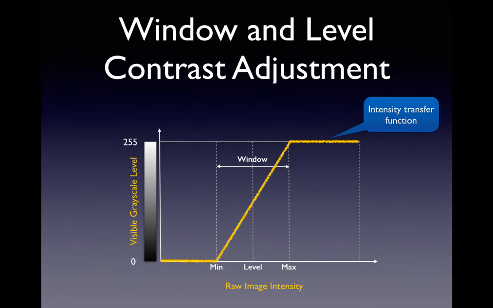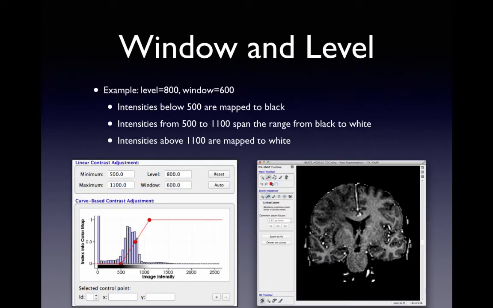In some software, we refer to this as level and window. Level is the middle between min and max, and window is the difference between min and max, so basically the range of intensities that you're viewing. In ITK-SNAP, you can specify level and window or min and max as you want.